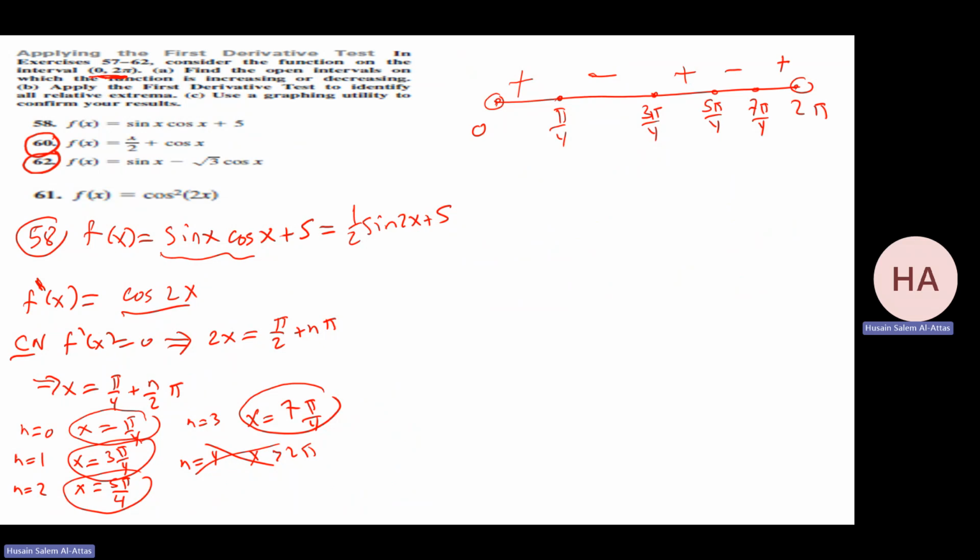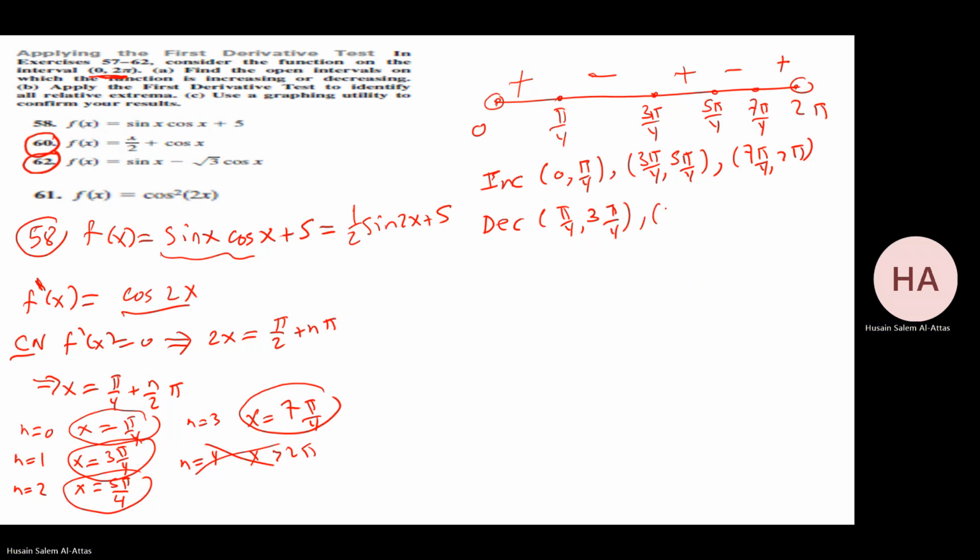So I have increasing from 0 to pi over 4 and 3 pi over 4 to 5 pi over 4 and 7 pi over 4 to 2 pi. And decreasing from pi over 4 to 3 pi over 4 and 5 pi over 4 to 7 pi over 4.